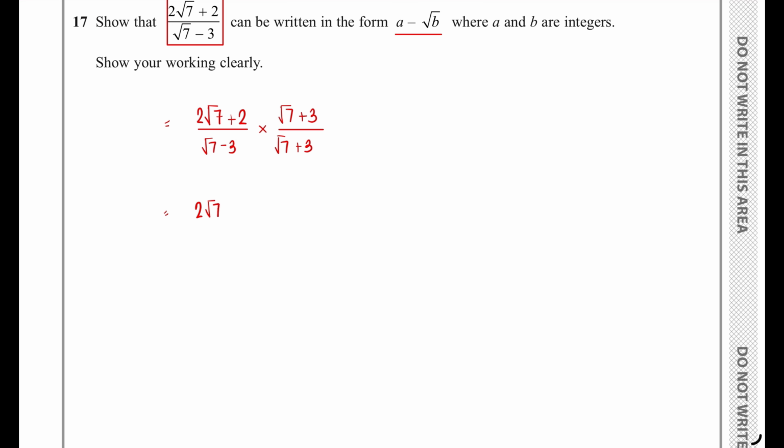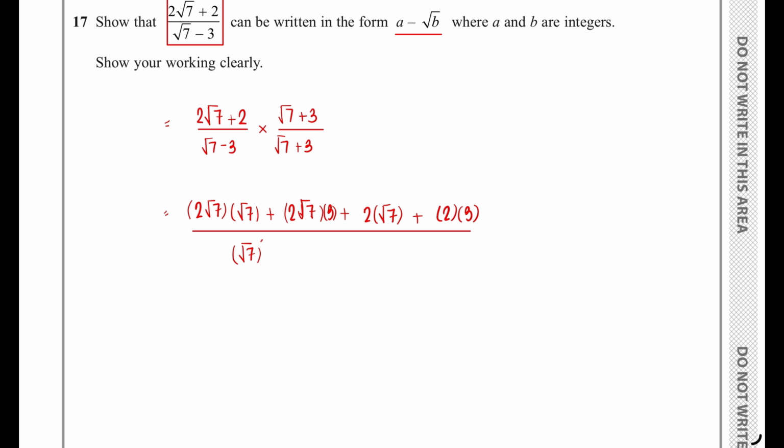2 square root 7 times square root 7, plus 2 square root 7 times 3, plus 2 times square root 7, plus 2 times 3, over square root 7 squared minus 3 squared.